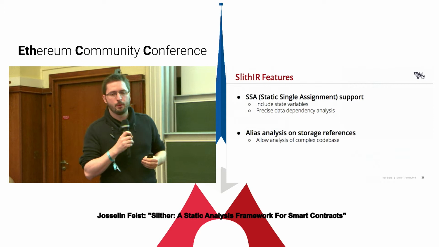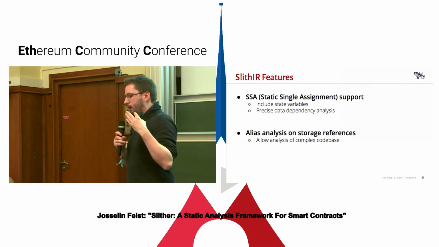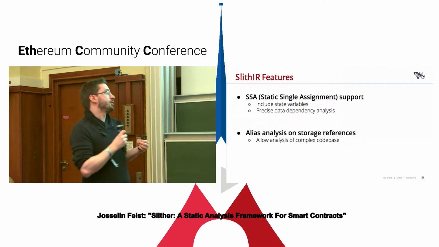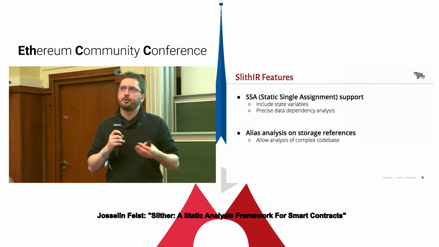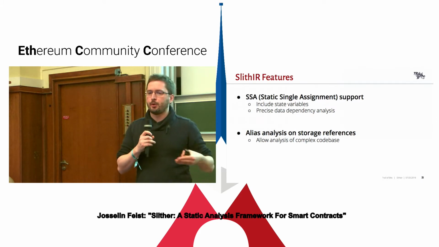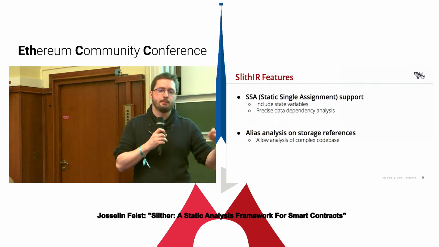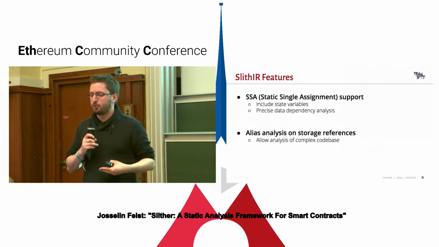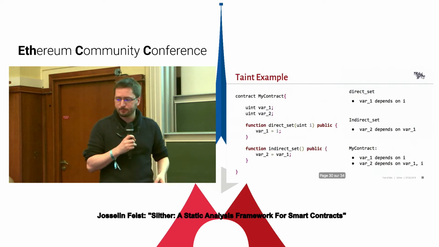It will make a bit more sense with the example. Finally, we also have an alias analysis on storage references. This is just to be able to analyze complex code bases. Typically, if you have a storage reference in a function, it can point to many potential objects, so we track all the potential objects to be able to have precise information about them.